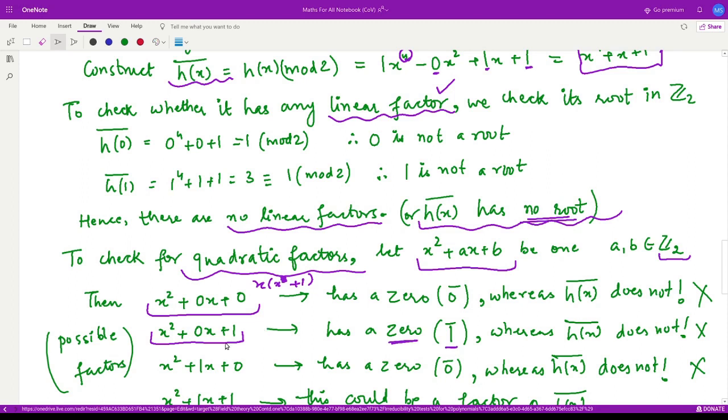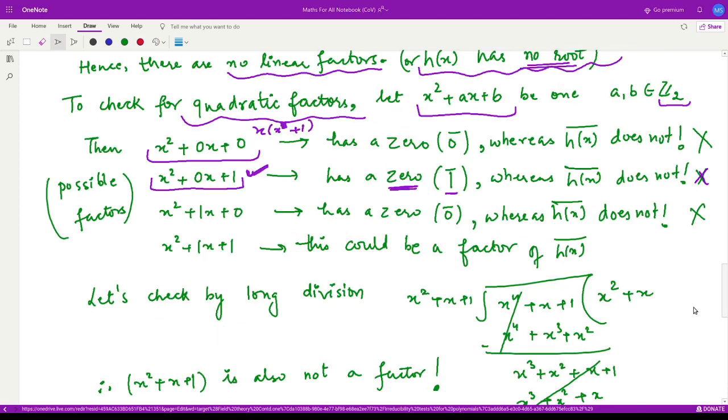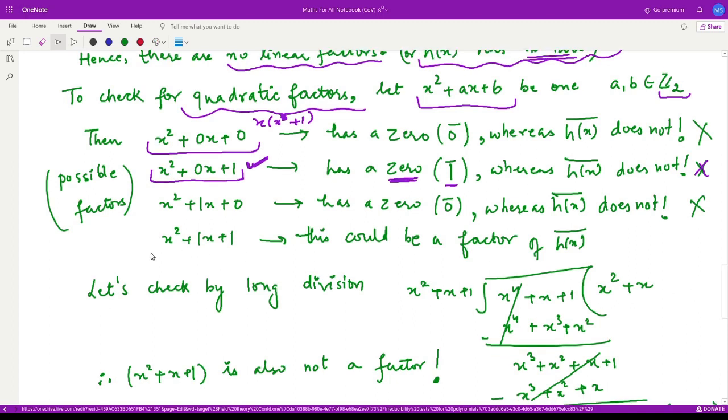However, because we are seeing this polynomial as a factor of h bar x, and h bar x has no roots, this must also have no root, but we found one root, therefore this cannot be the factor, right? In a similar way, the third one is also ruled out, and the fourth one has no zeros, therefore it could be a factor.